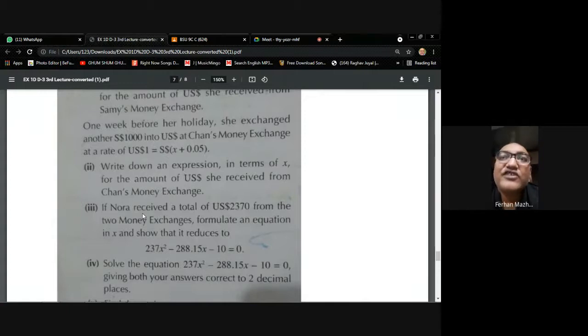Write down an expression in terms of X for the amount of US dollars she receives from Chan's money exchange. If Nora received a total of 2370 US dollars from the two money exchanges, formulate an equation in X and show that it reduces to this equation.